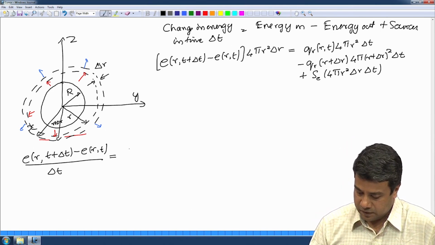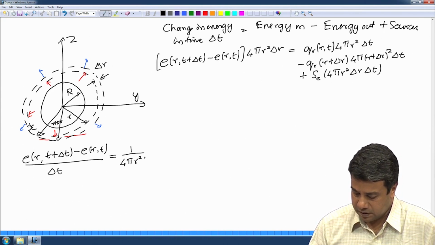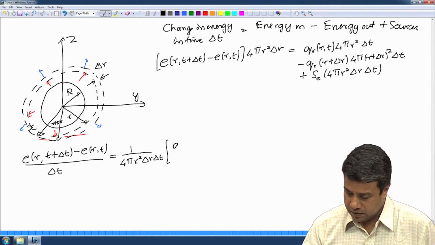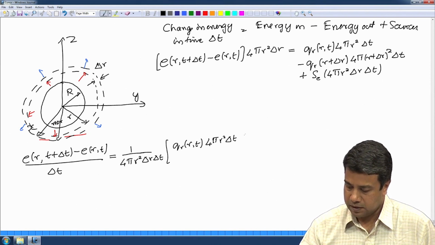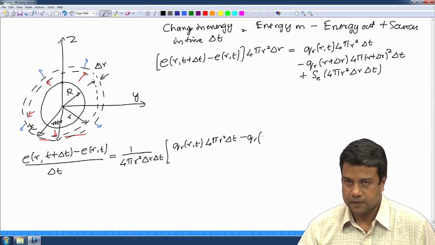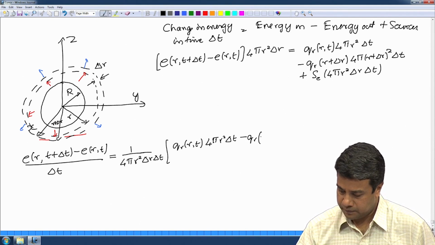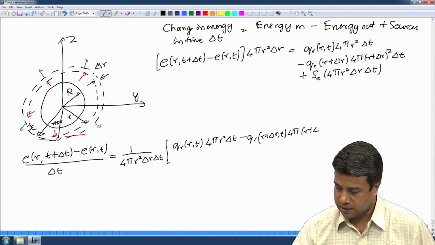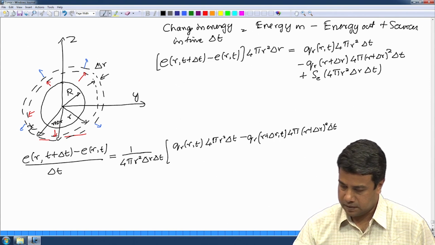Volume is 4 pi r square delta r, times delta t, into q_r at r, t times 4 pi r square delta t minus q_r at r plus delta r times 4 pi into r plus delta r the whole square delta t.